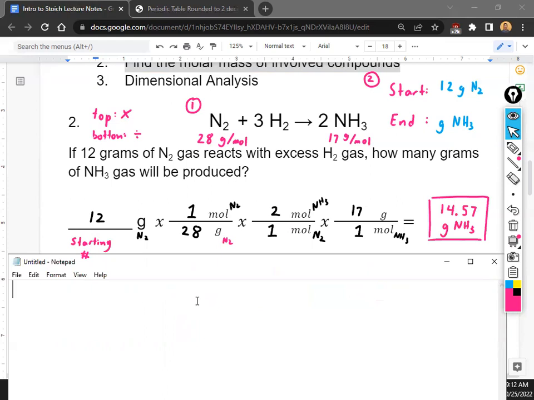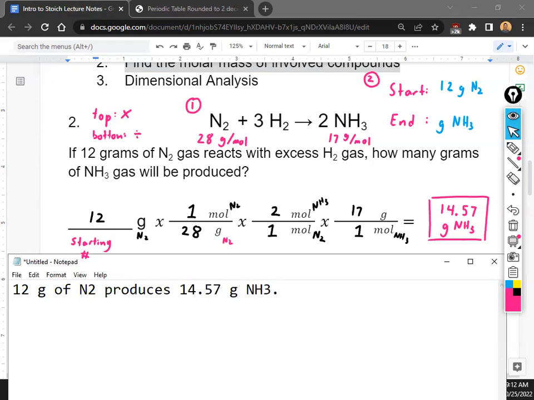Okay, so the last thing we need to do is write a quick sentence explaining what happened. So I'll show you guys. This is how you're going to write the sentence describing what happened. You're going to say that 12 grams of N2, whatever your starting number was, produces 14.57 grams of NH3.